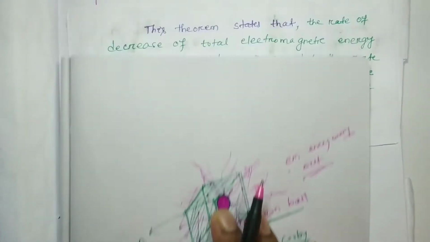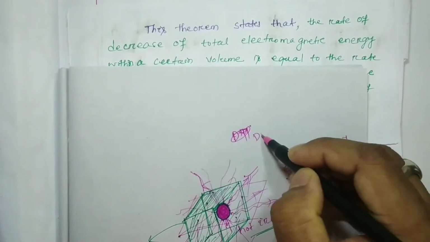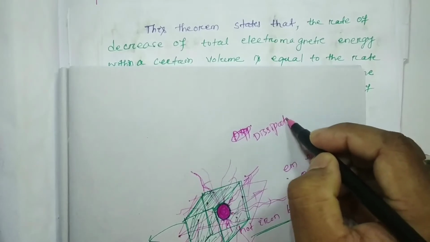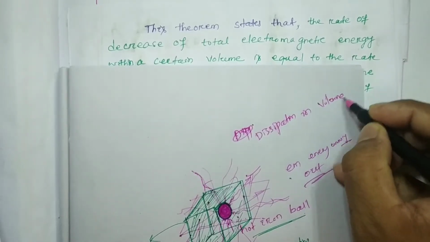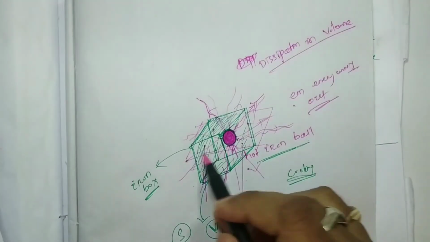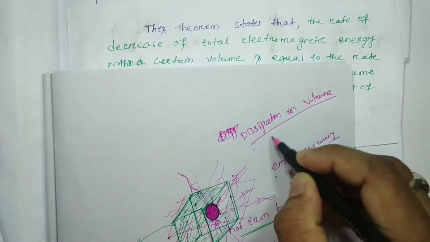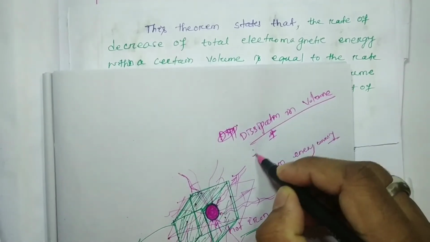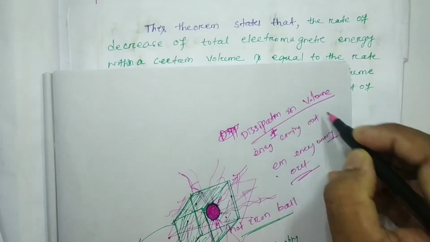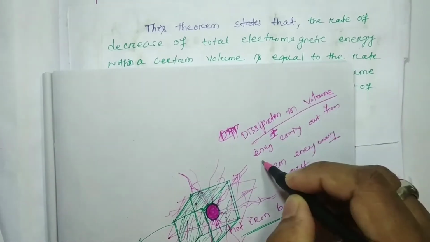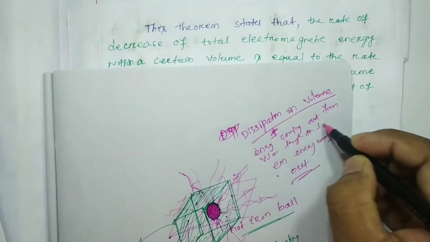One is dissipation inside this volume, plus energy coming out from the volume through the surface.